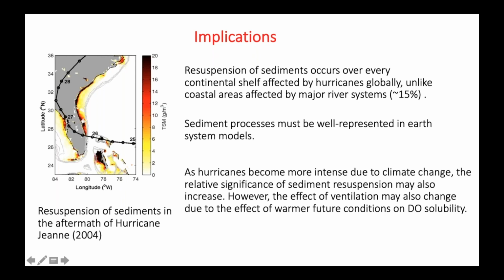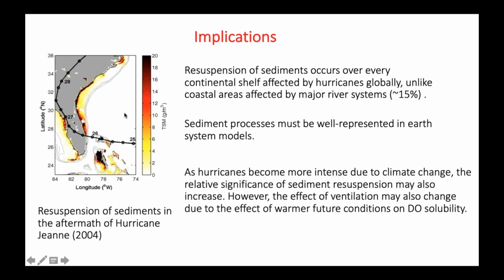There's a significant increase in sediments along the west coast of Florida and all along the US East Coast, including Florida and the Carolinas. And we know that there are not any major rivers here, unlike the northern Gulf of Mexico, where you have the Mississippi River. So this is showing that this sediment resuspension process can happen in regions even without major river systems.